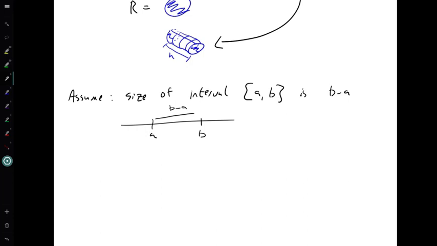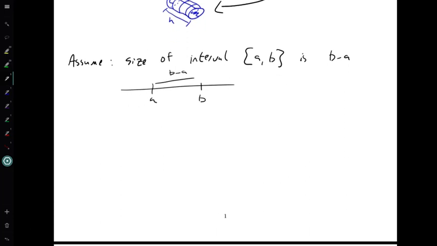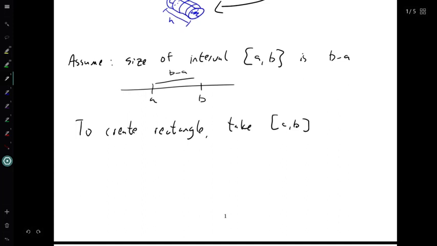So when we were looking at the area of a rectangle, what we did to create a rectangle was take this interval AB and translate it along a line perpendicular to AB.